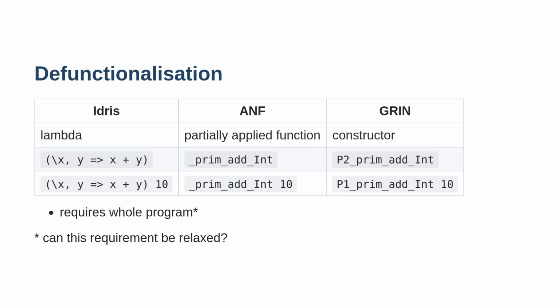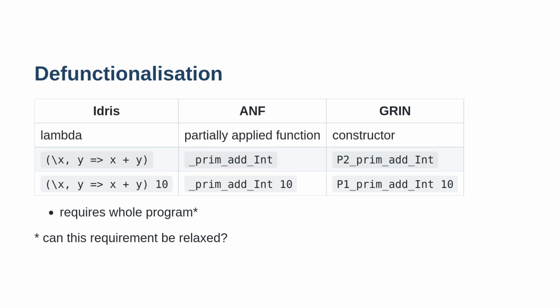Okay, so one interesting change that GRIN makes to the higher level representations of code is defunctionalization, which is basically removing closures from the code.